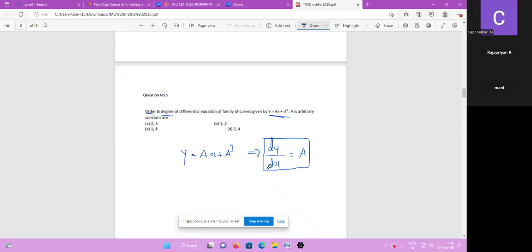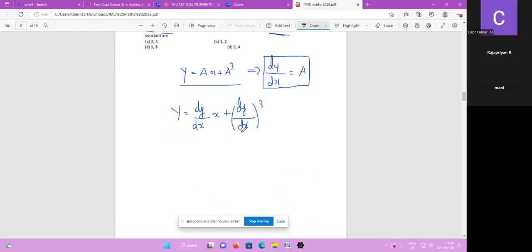So a is nothing but my dy by dx. Now substitute here: y equals dy by dx times x plus (dy by dx) whole cube. So this is a first order differential equation with degree 3. So the answer is 1, 3.